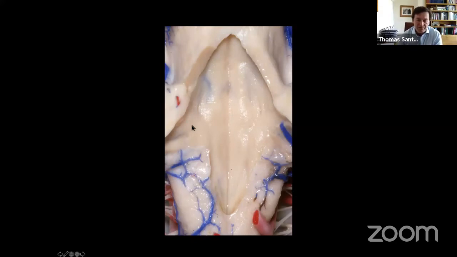So the floor of the fourth ventricle pretty much has most of the cranial nerve nuclei and connections underneath. And it's worth having some sort of scheme. So there is the upper third, middle third, and inferior third. The upper third of the ventricle is triangular in shape, and it's pretty much from the entrance into the aqueduct superiorly to the upper part of foramen Luschka, and we'll understand more and more as we go through the talk.